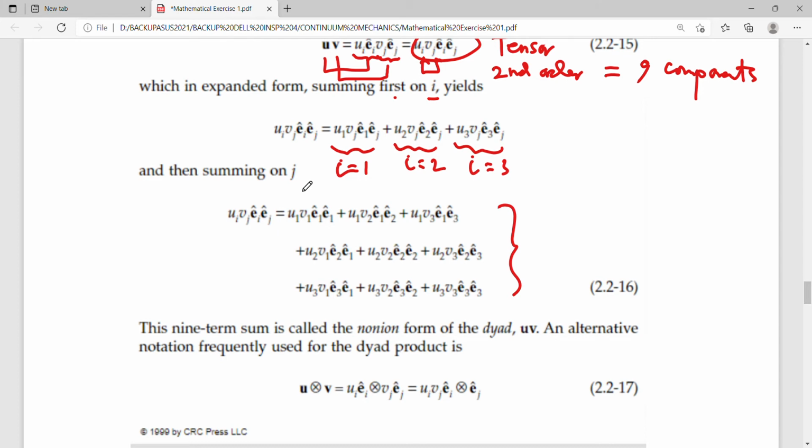So if we do the iterations on j equals 1, 2, and 3, this will represent j equals 1. This line here will represent j equals 2. And this line here will represent j equals 3.